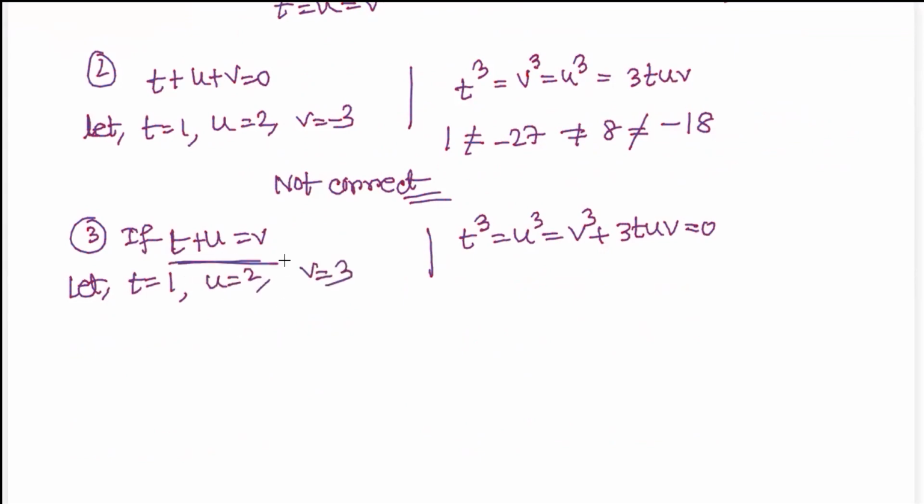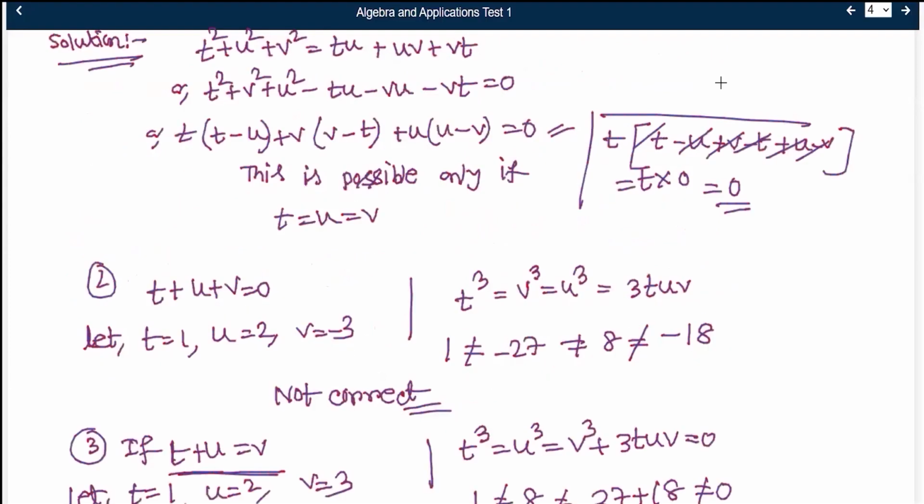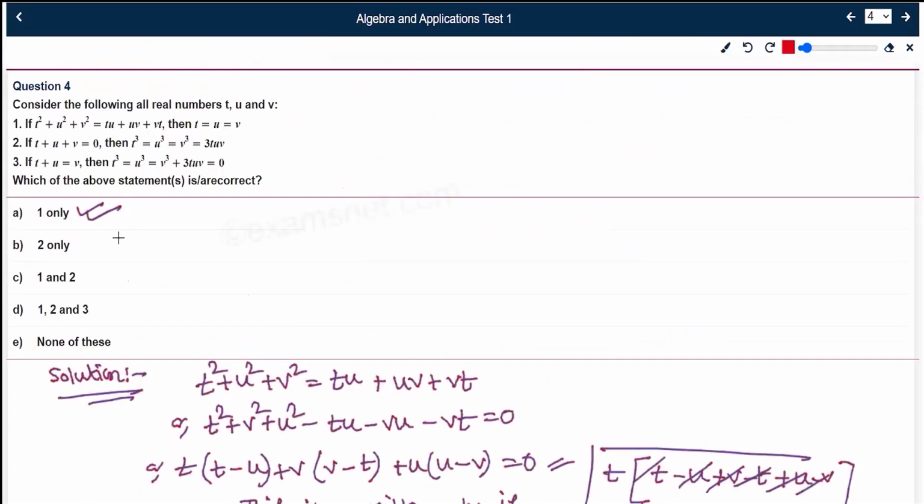This will satisfy this relation. So let's put all the values. 1 plus 8 minus 27 plus 3 times 6, which is 18, and so these are not equal, correct? So this statement doesn't hold true, so it is not correct. So we have come to the conclusion that only the first statement is correct.